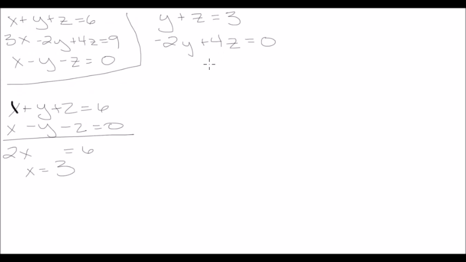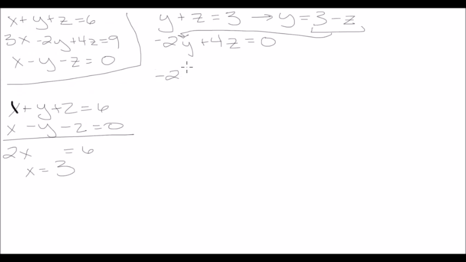So now that I have these two equations, two unknowns, I can substitute or I can add. It doesn't matter. For me, I look at this first equation and I say that's pretty easy to get y by itself. So I'm going to say that y is equal to 3 minus z. And then I'm going to substitute 3 minus z in for the y here.